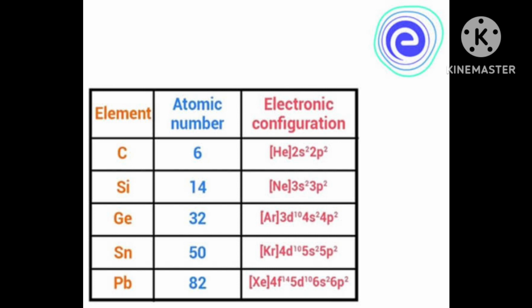First I am telling in the case of carbon, the ionization enthalpy or energy, whatever you call it, in kilojoule per mole. In carbon, the first ionization energy is 1086.